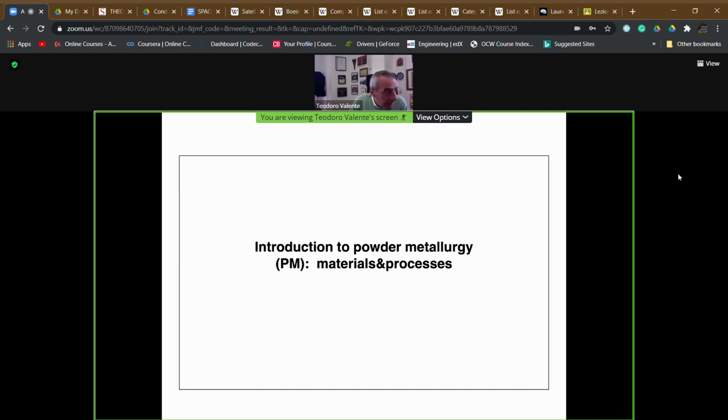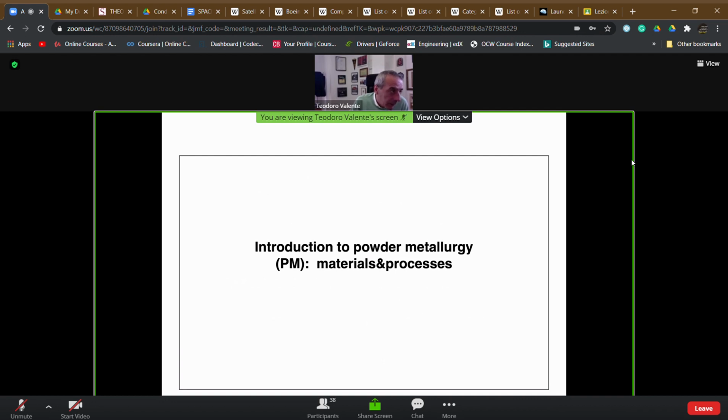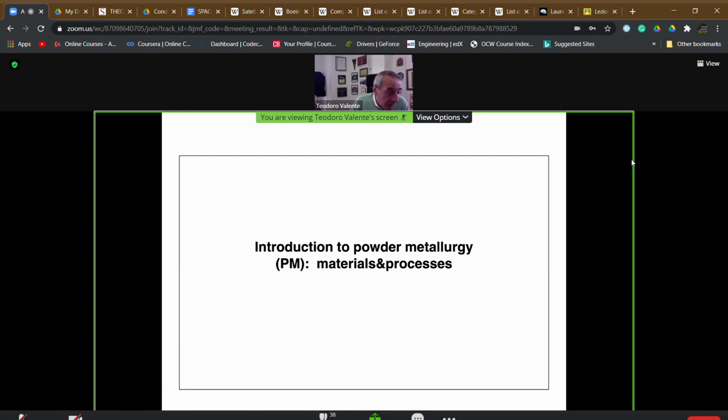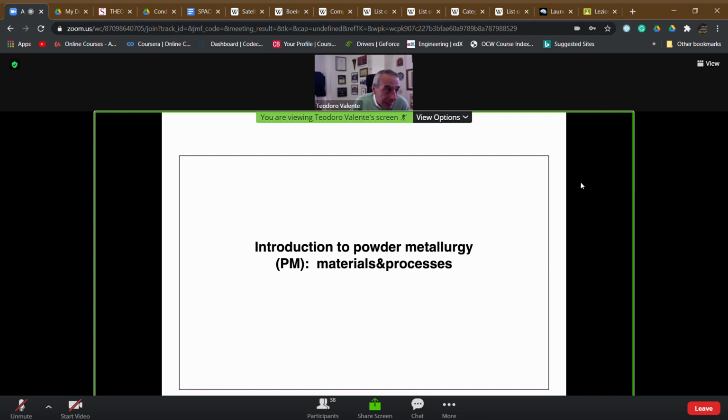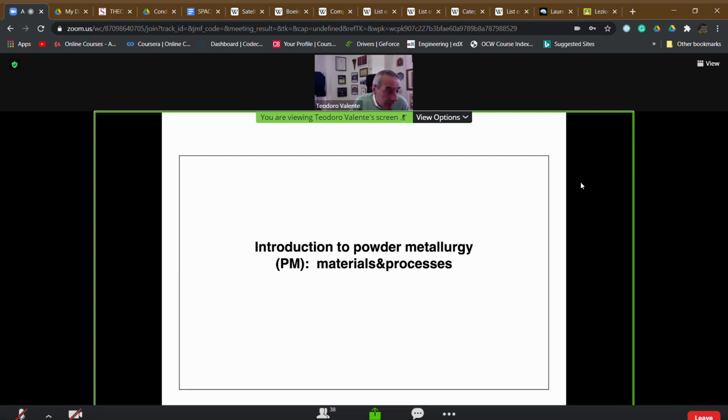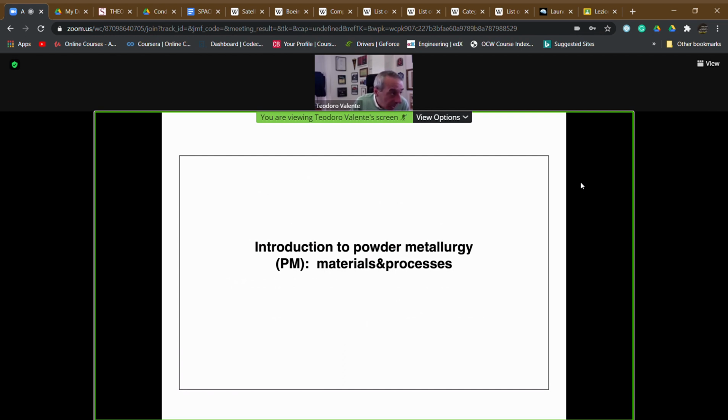When we talk about the fabrication of engineering components made of metallic materials, we have always said that we have two main classes of technology. The first one is the casting technology that implies melting and solidification of the alloys inside a die, having, for example, a near-net shape size.